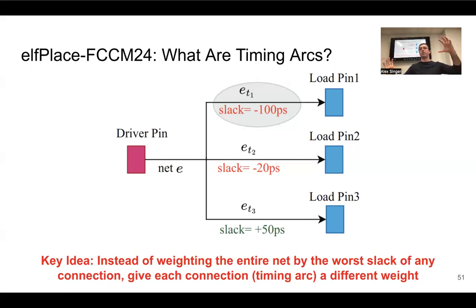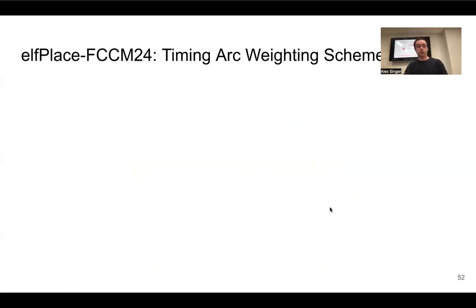I don't need to bring all the others inwards. So I want to weight each of these individually: if this one has a really bad negative slack, bring load pin 1 closer. Don't bring the other two closer as well; they don't need to be. So that's the key insight from this work. And how they weight the timing arcs is using this equation.